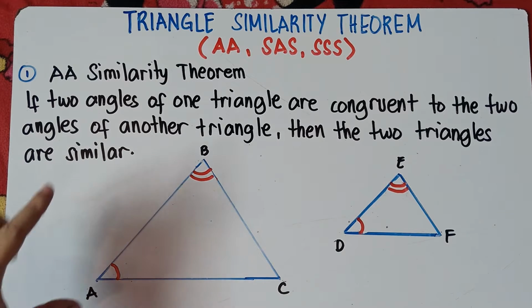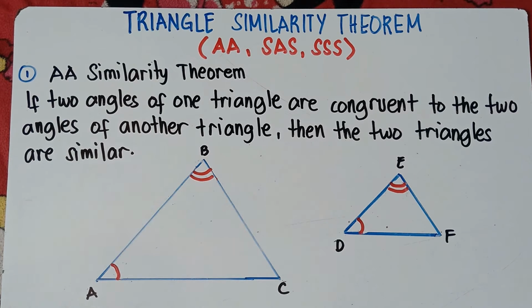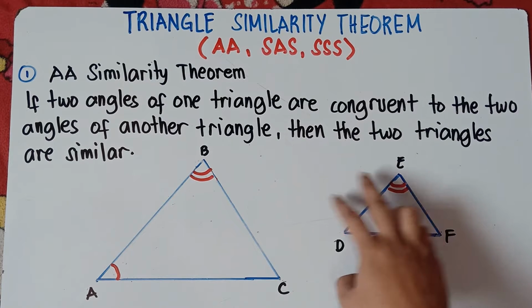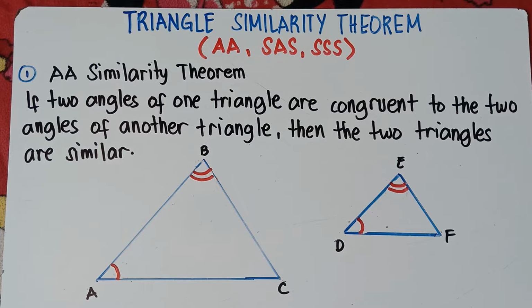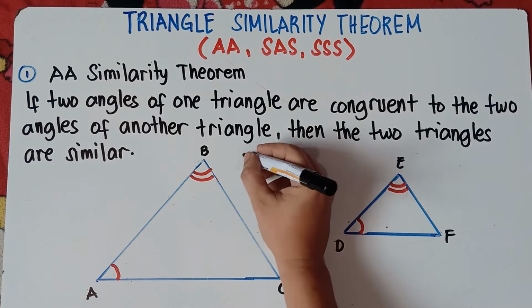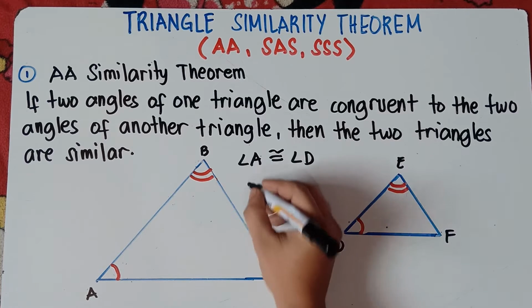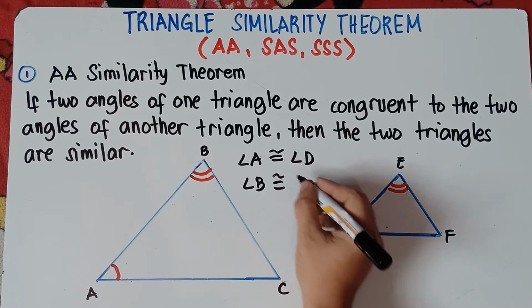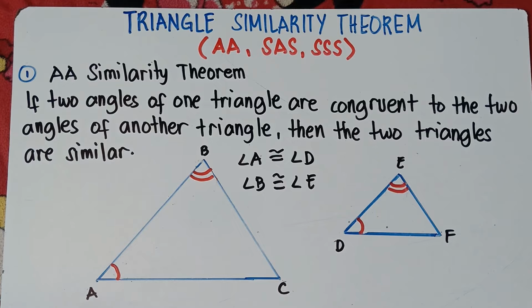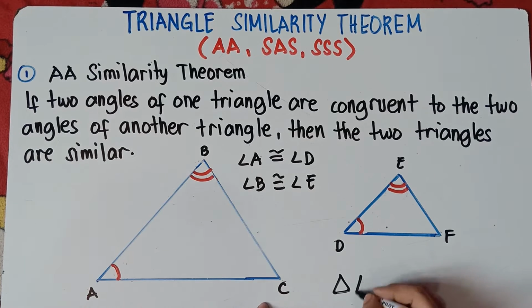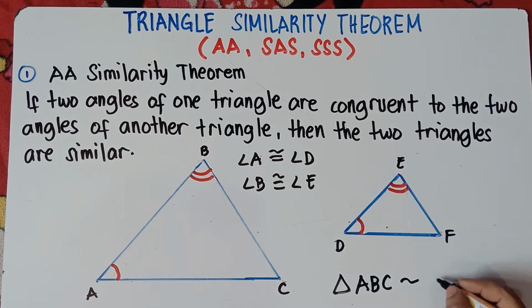Once again, angle A is congruent to angle D and angle B is congruent to angle E. Therefore, we can say that triangle ABC is similar to triangle DEF. This is the symbol for similar. Once again, class, be careful in reading the triangle.